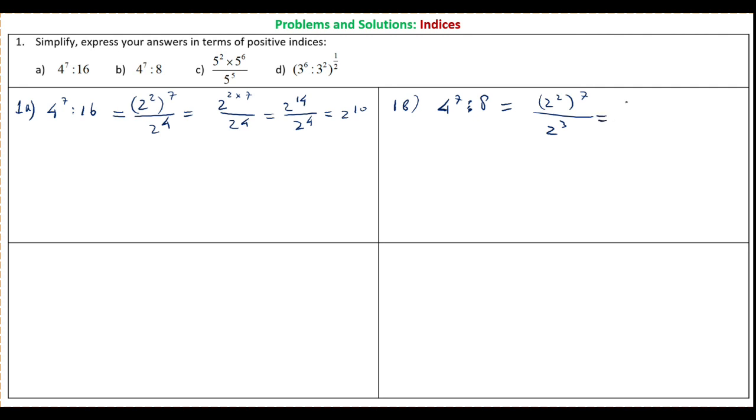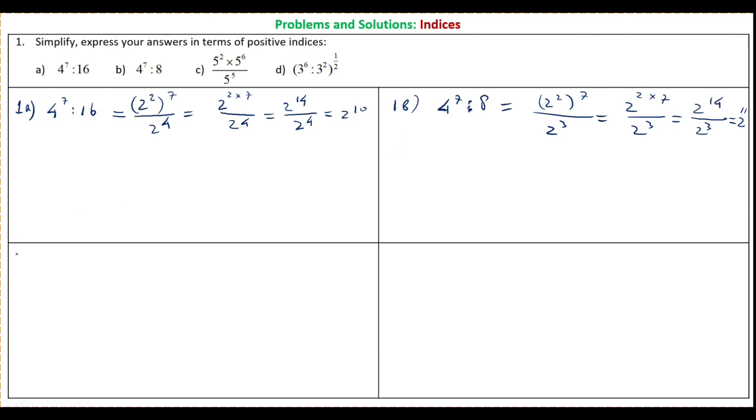So we have 2 to the power of 2 times 7 divided by 2 to the power of 3, and that equals 2 to the power of 14 divided by 2 to the power of 3, and that equals 2 to the power of 11.